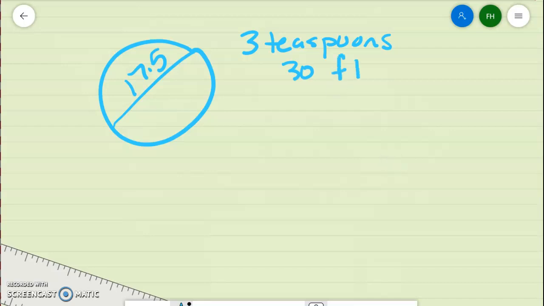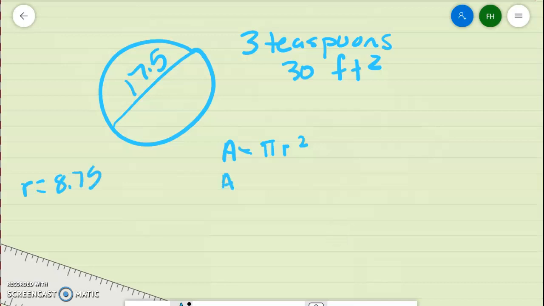So we're talking about area, because square feet is area. So how much is she going to need to cover the garden? First, we have to find the area of the garden. So we need the formula, area equals pi r squared. We know the diameter of the garden. We need half of the diameter. So if you divide that by 2, the radius is 8.75.